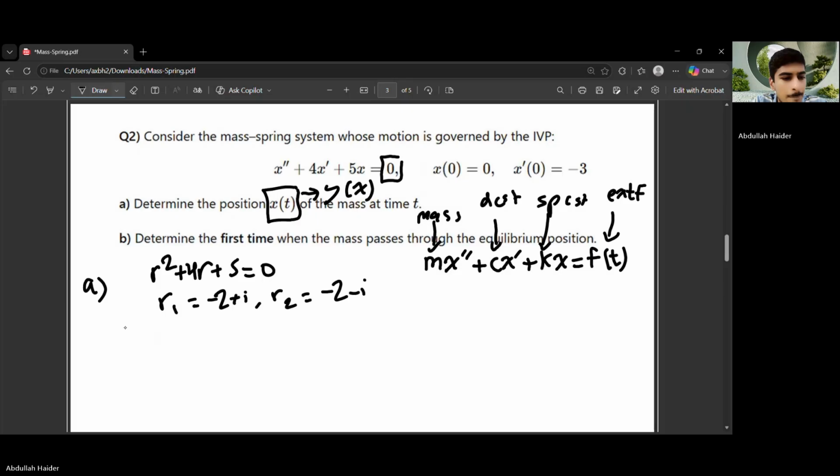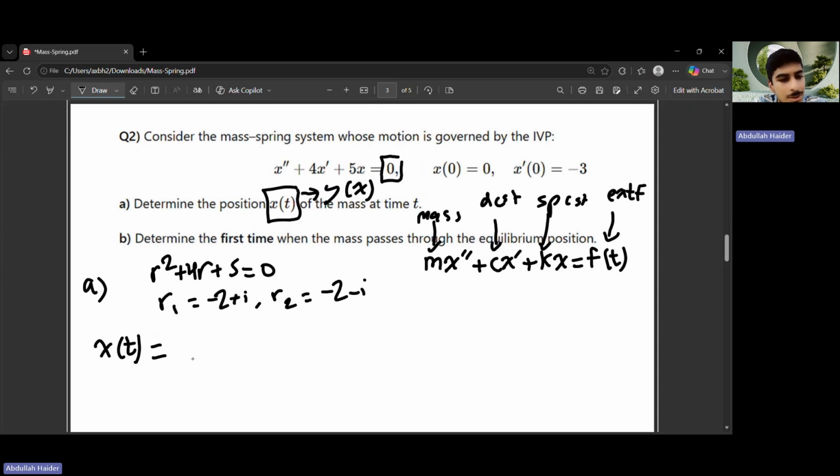Now, we used to write y of h first, but since we are given the equation in terms of x and t, we will write x of t. If this is not a homogeneous equation, then we would first write x of h. But since this is already a homogeneous equation, you don't have to write x of h.